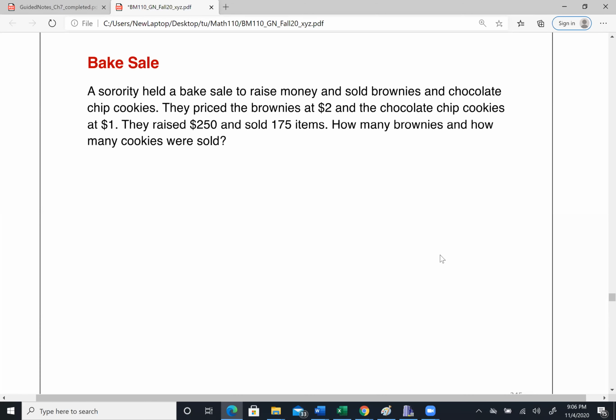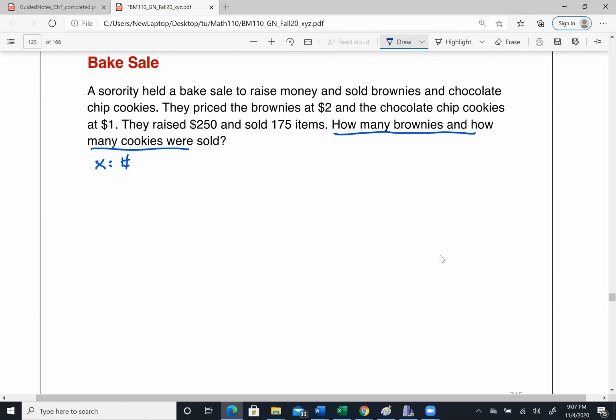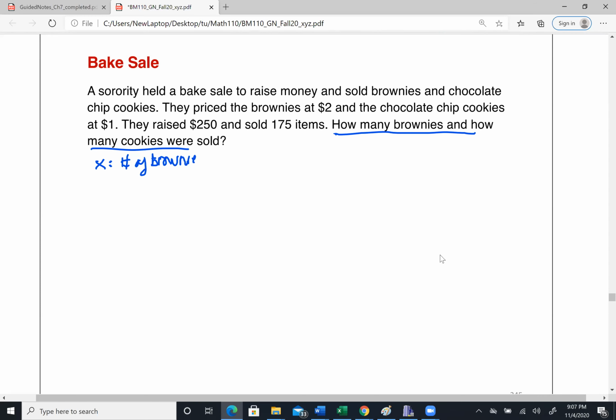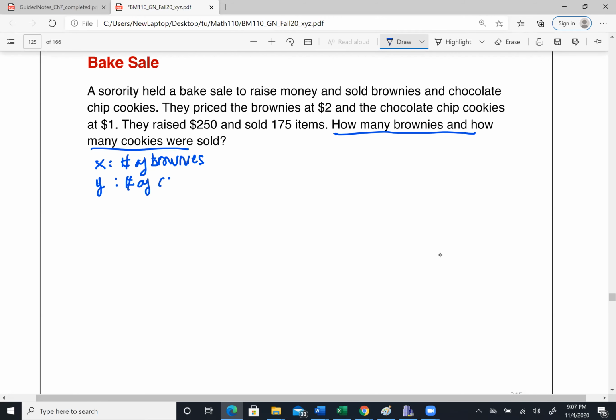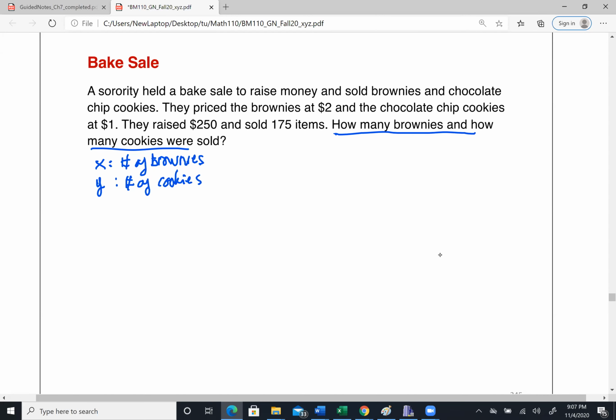So usually in a problem like this, I will take a look at the last sentence and see what the question is about. It's asking how many brownies and how many cookies were sold. So I will say X is the number of brownies, and then Y is the number of cookies.